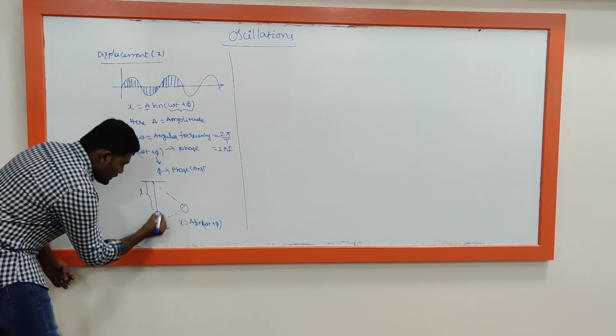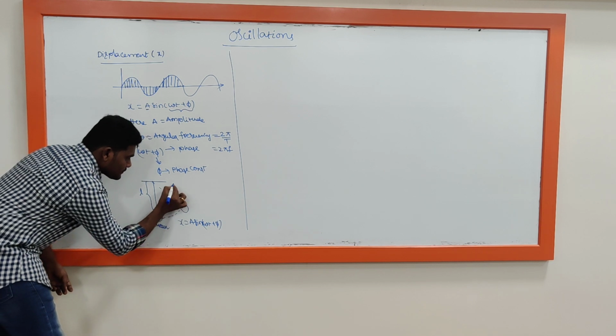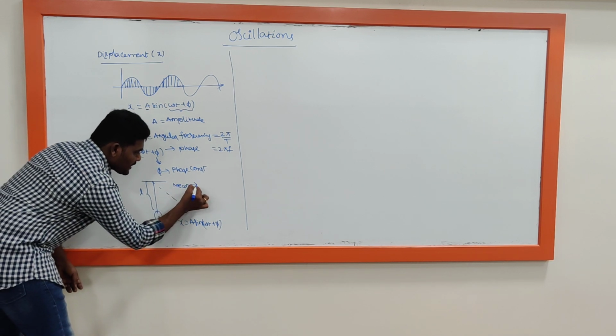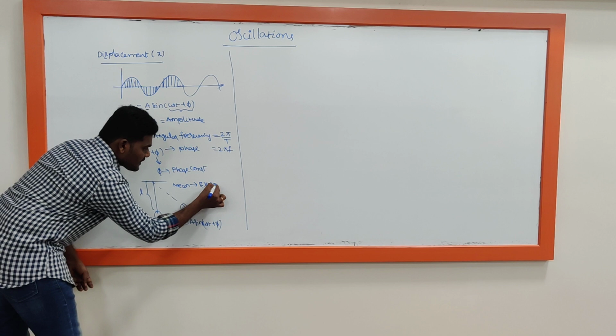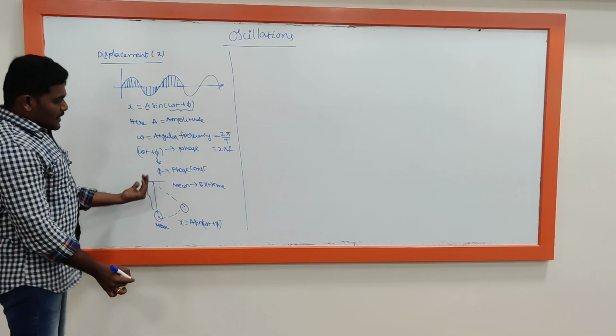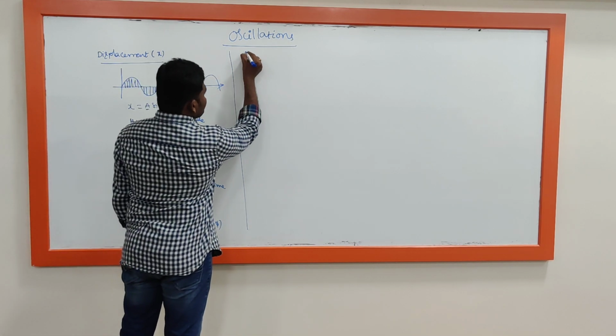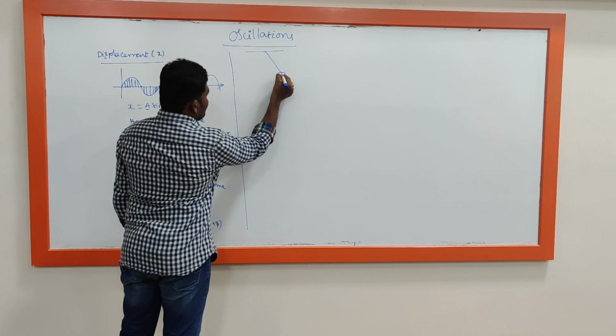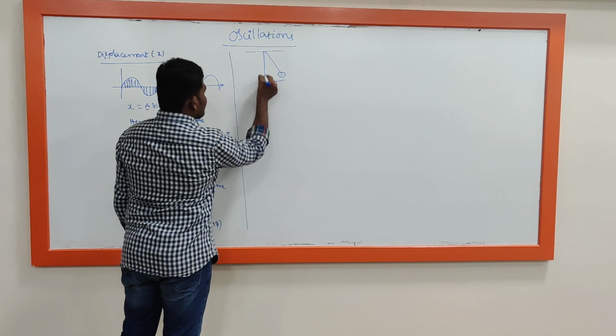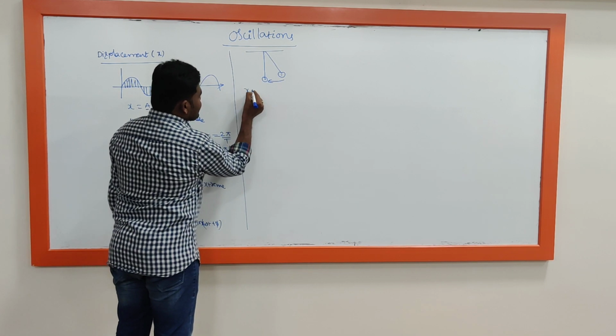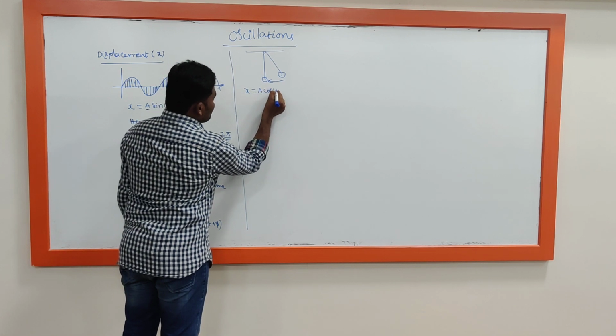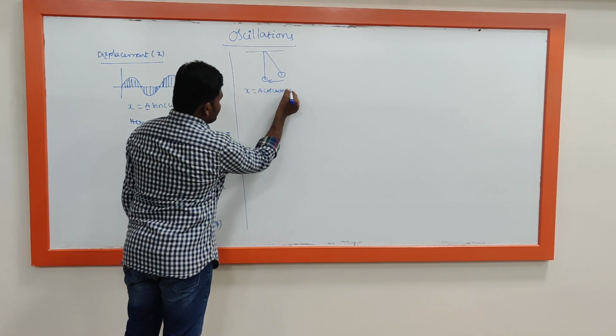So here the particle is moving from mean to extreme. The same particle, if it is moving from extreme to mean, you can take x equal to a cos of omega t plus phi.